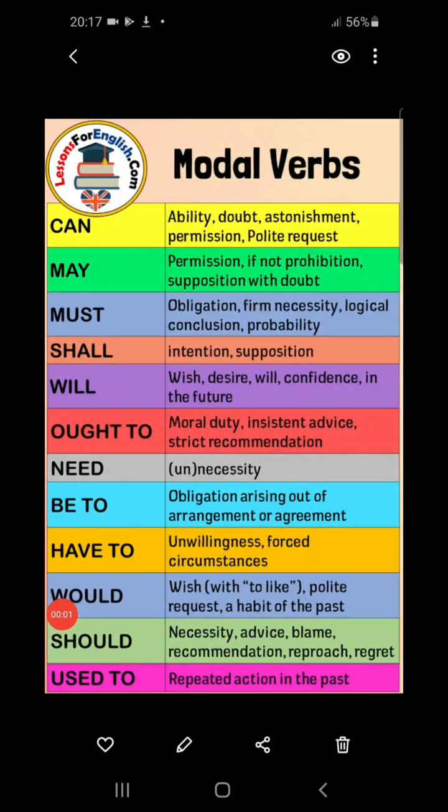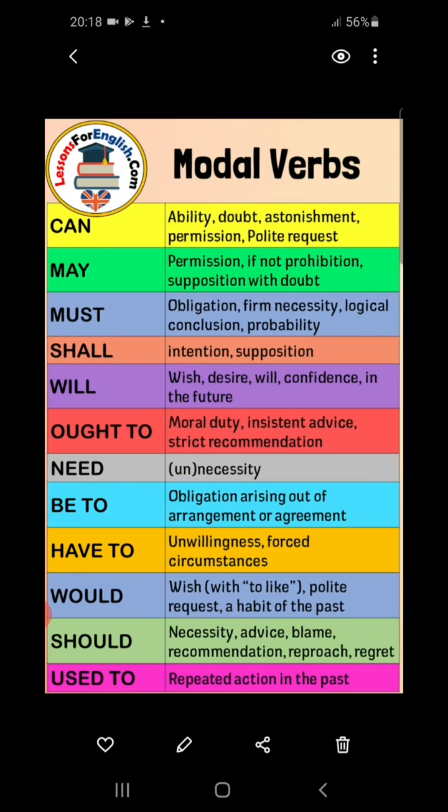Next one, must. It expresses obligation, firm necessity, logical conclusion, probability.